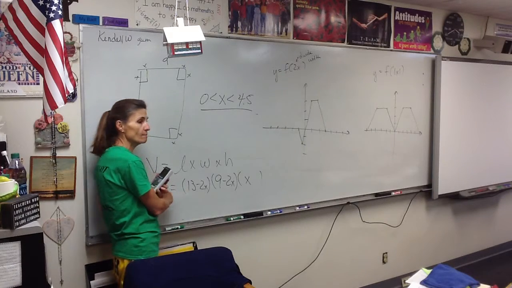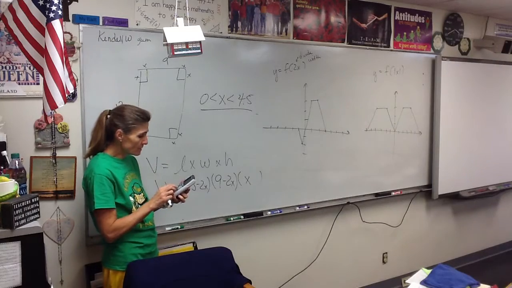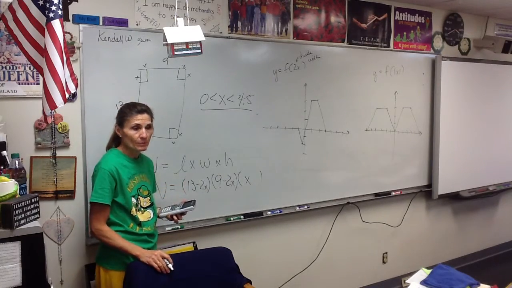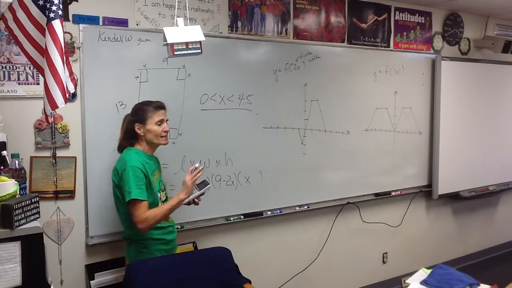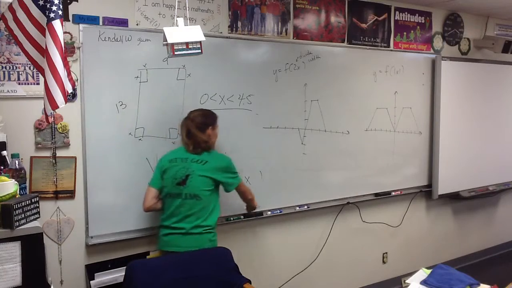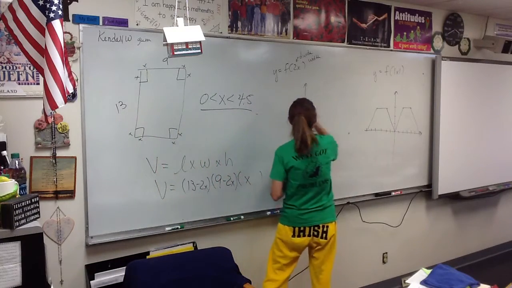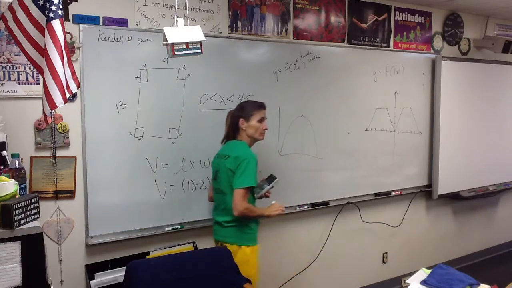Y is the volume. Volume can't be negative. Now what did we decide about y max? We got to guess, and we do not care. It does not matter what you put in for y max, as long as when you hit graph, you see a hill.